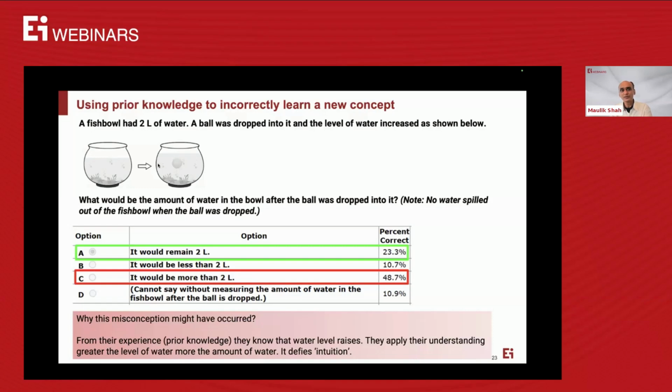They know that greater water level corresponds to greater amount of water. They also know that the water level goes up when an object is dropped into the container. And incorrect connections are made between these two ideas, so they can't answer it right. That's how the faulty connections with prior knowledge have led to the wrong underlying belief over here that the amount of water has increased.